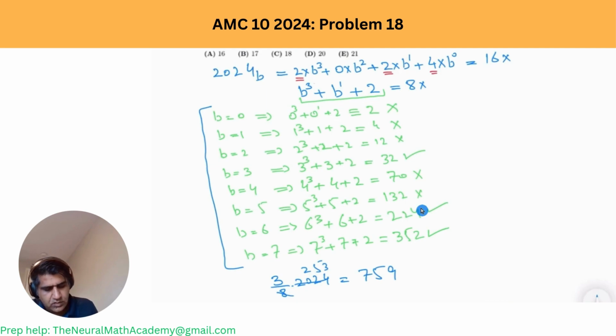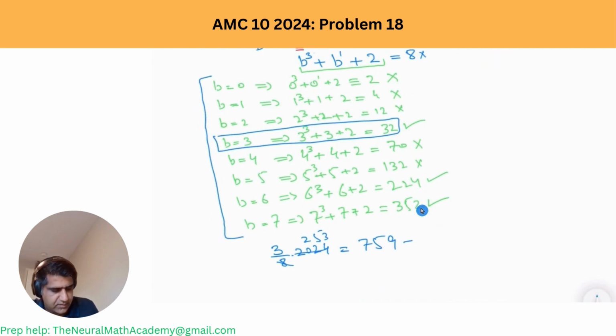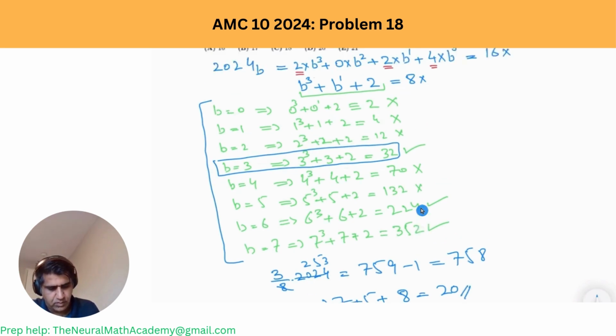So we have to subtract one number, that was this case, 3, since it doesn't come in this range. If I subtract, then I get 758. And now I will add these 3 digits to get all the k integers. So that is equal to 20. So that is the answer for this problem.